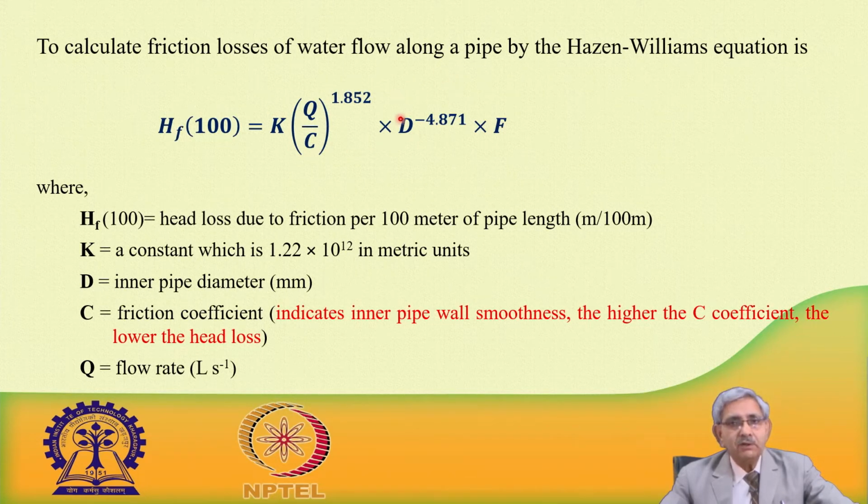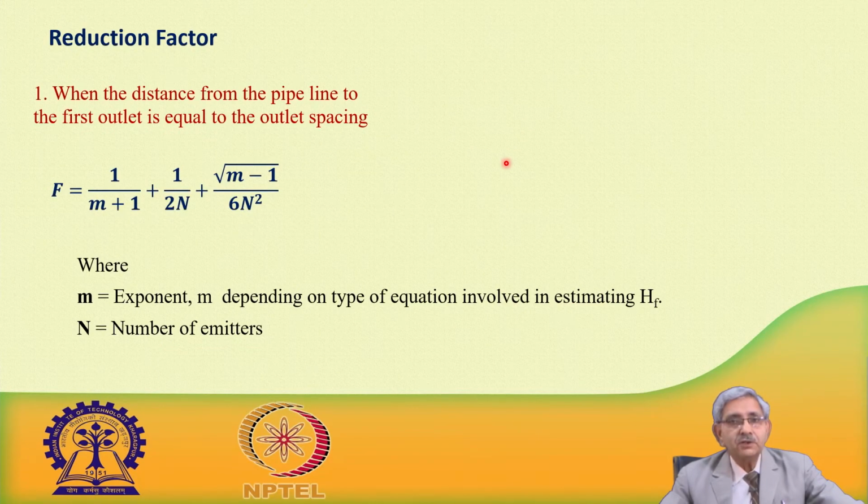D is the diameter of pipeline, which is given in millimeter, and F is the reduction factor. Now, this reduction factor is to be used when we have a number of emission devices or outlets attached with the lateral pipeline. Now, how are these outlets attached with the pipeline?